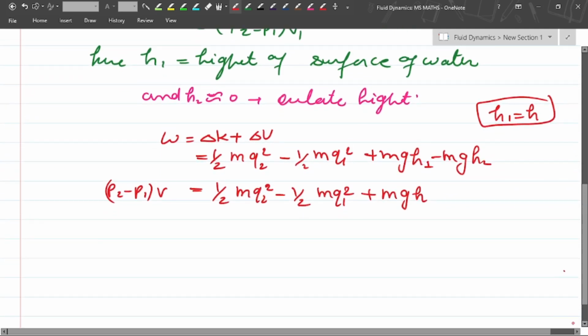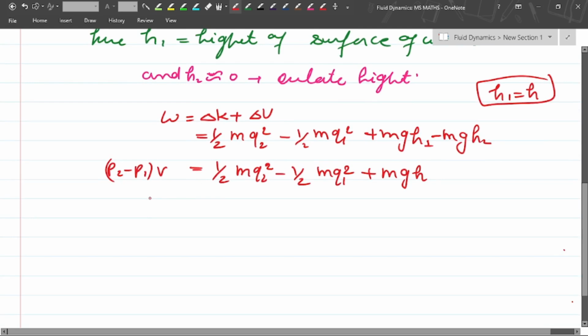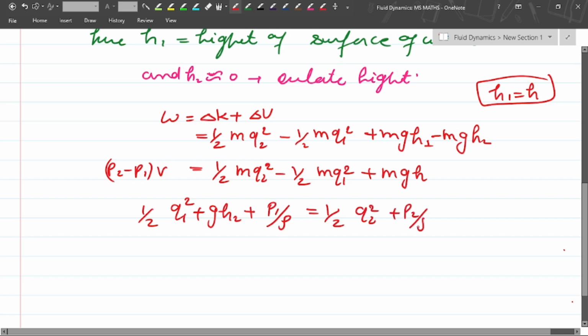Then it represents Bernoulli's equation: 1 by 2 q1 square plus gh1 plus p1 upon rho is equal to 1 by 2 q2 square plus p2 upon rho. How?